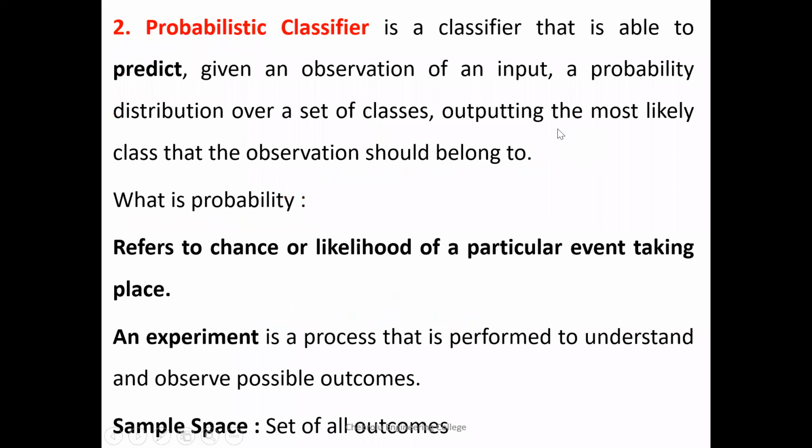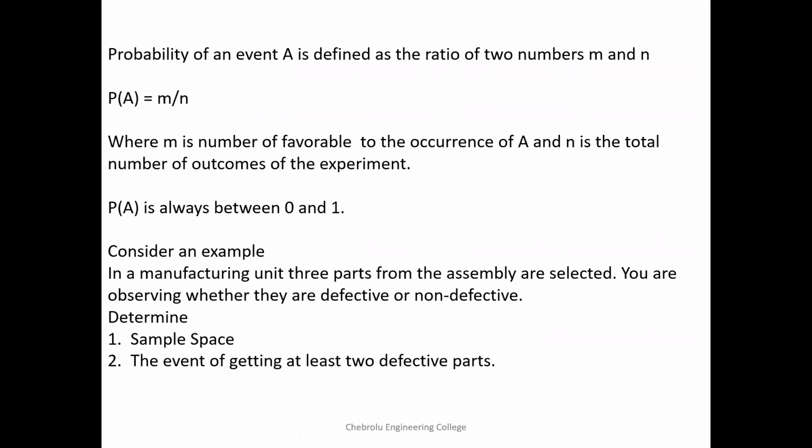Similarly, what is a probabilistic classifier? In a probabilistic classifier, we use probability and statistics completely. In probability, we need to know what an event is, what a sample space is, what an experiment is. So what is a probability? How do you calculate it?